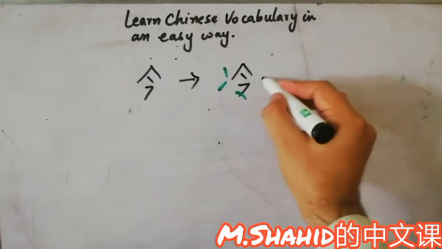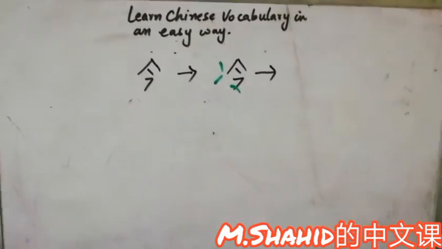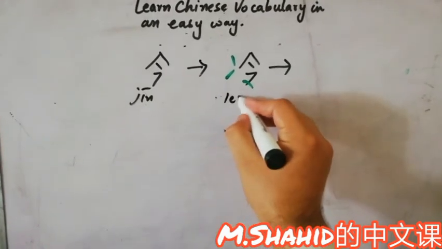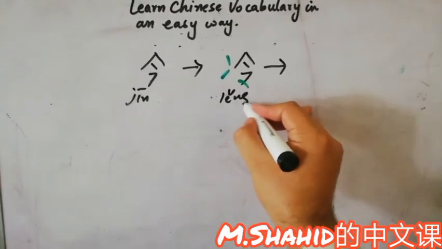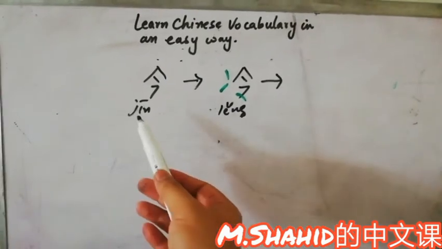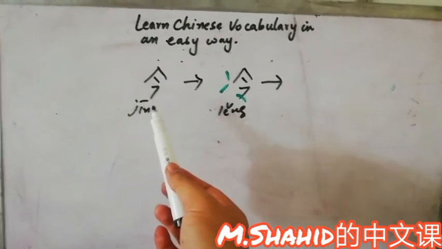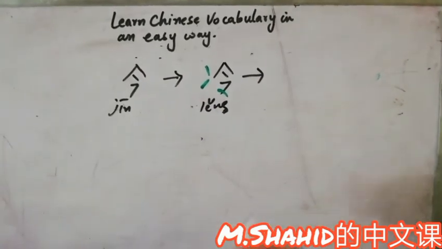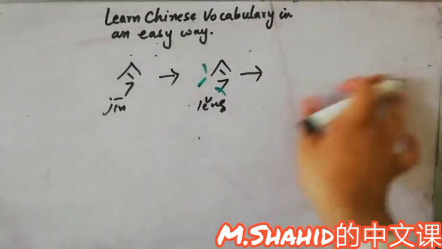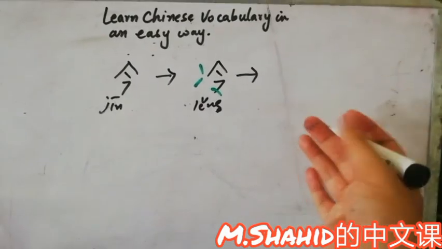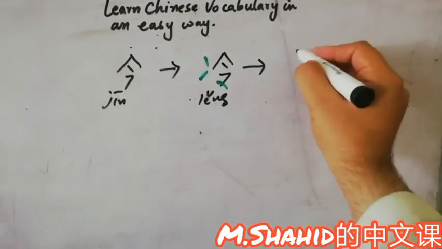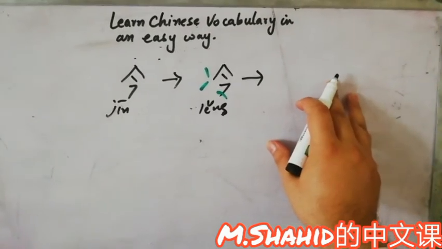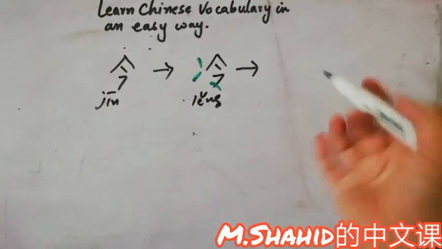This one was Jin and this one becomes lěng, cold. Now I am going to transform it into another character. How? I'm just going to add the radical of rain with it, nothing more.